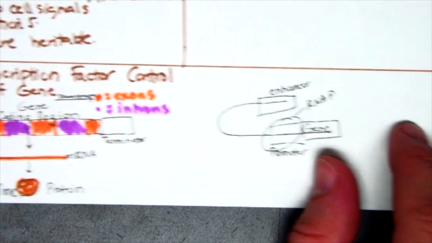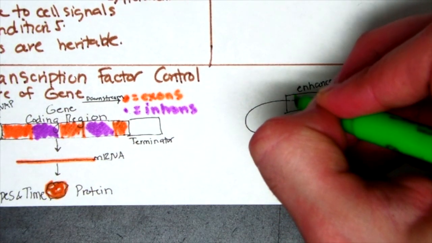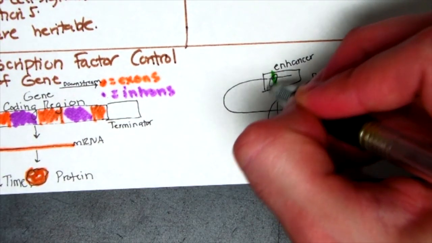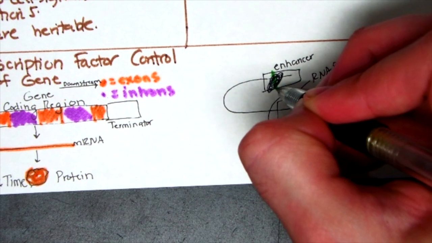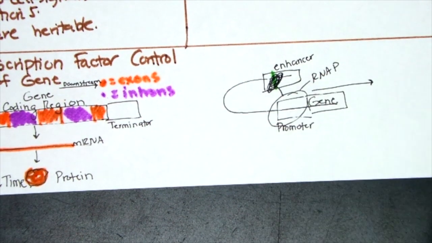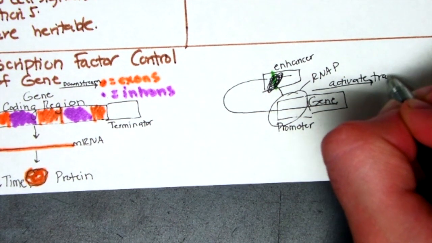Okay. Now, since we're just focusing on that green section from here, if a transcription factor is bound to that portion, it'll actually interact and then activate transcription.